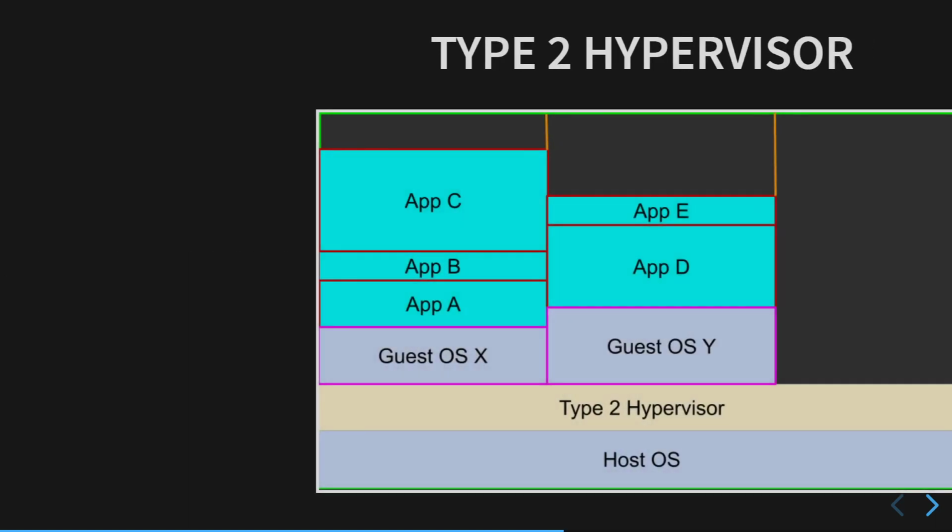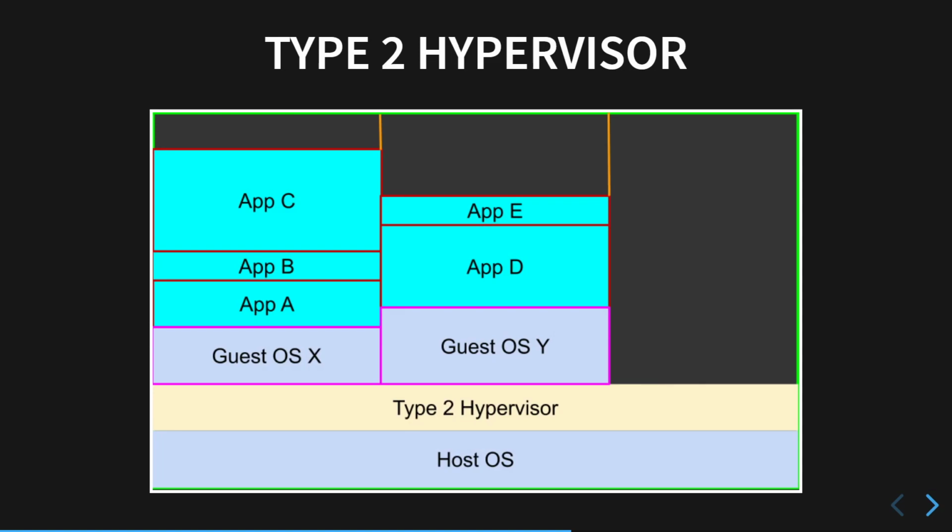And so the way that problem has been addressed is by way of virtual machines. And these come in two flavors. One of which is using what's called a type 2 hypervisor. So in this model, we have a host operating system, and on top of that, we have a type 2 hypervisor, and then on top of that we have the various virtual machines.